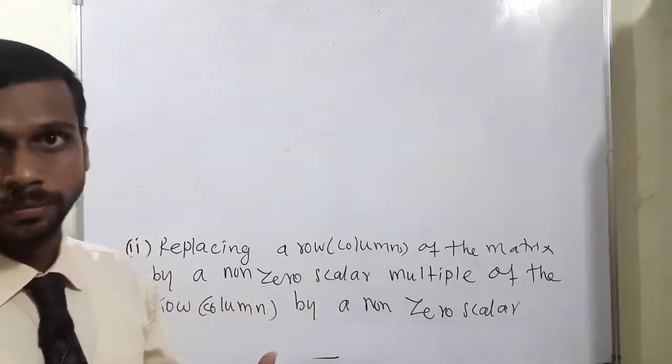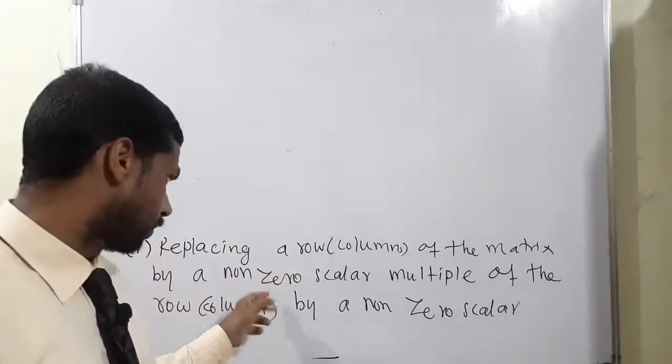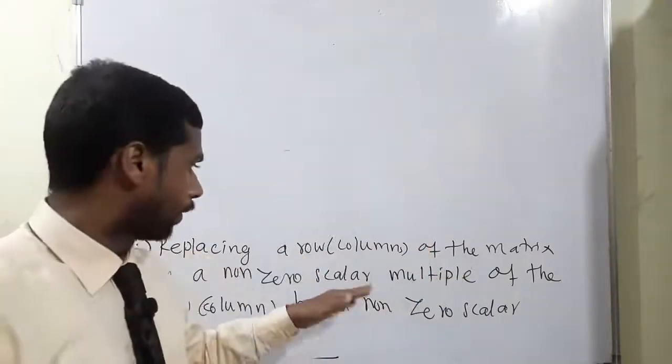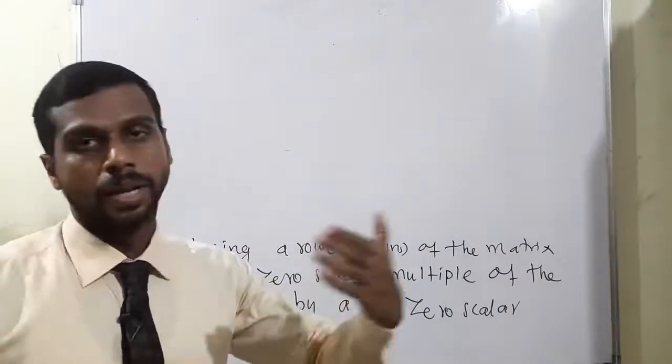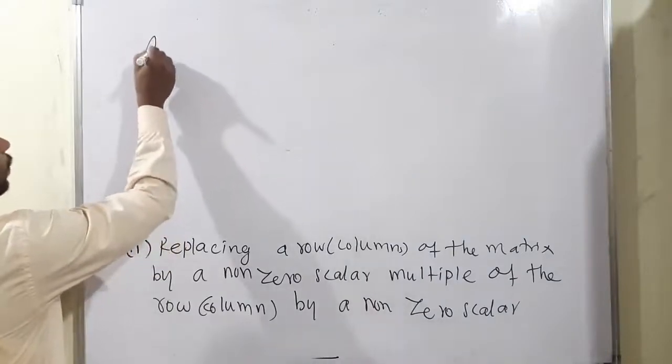Non-zero scalar means the multiplying value can be anything except 0, that's why we write non-zero. If you take a constant value, whether lambda or k, we just apply the same condition.